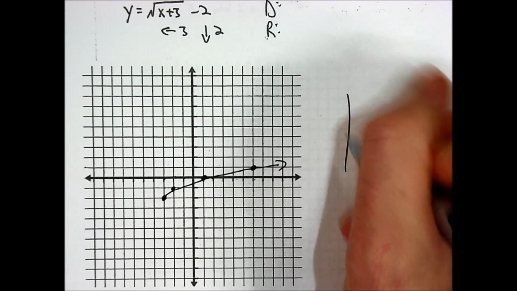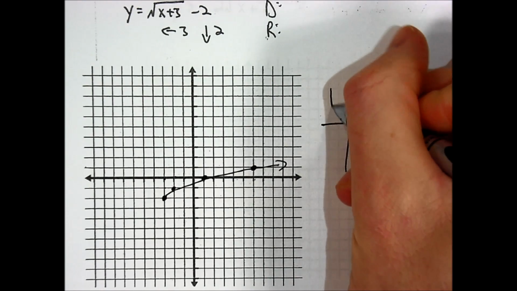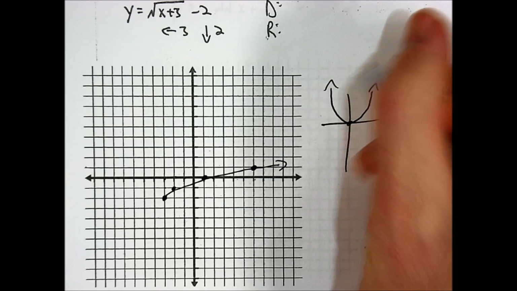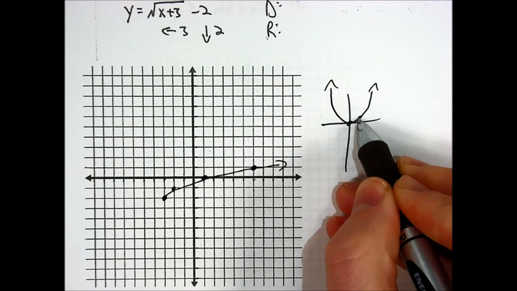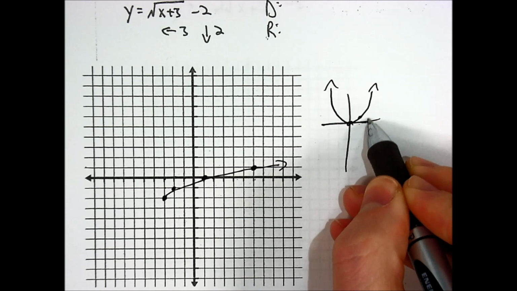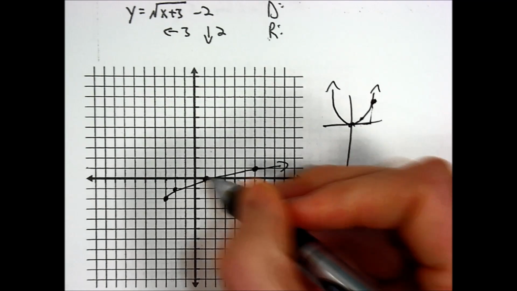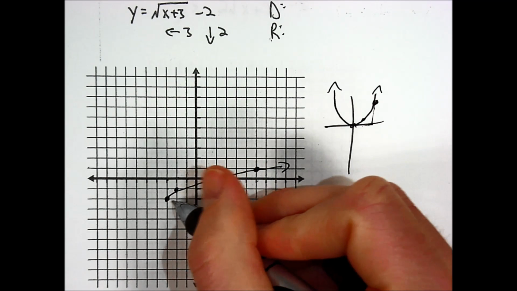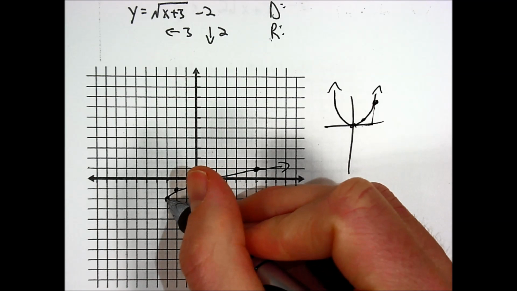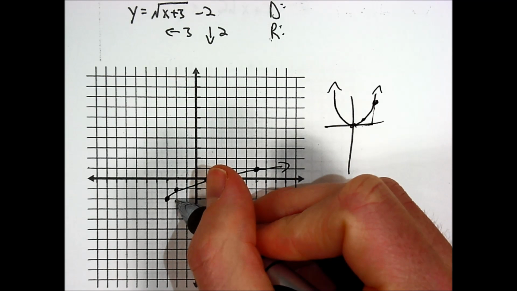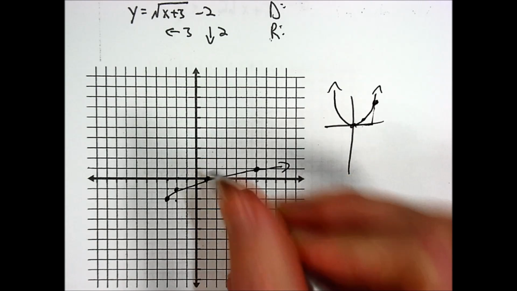If you remember our little shortcut from graphing square roots, where we go out 1, up 1, out 2, and then 2 squared is 4, so I go up 4, this is going to be exactly reversed. I'm thinking of perfect squares. The first one's 1, so I'd go over 1. The square root of 1 is 1, so I'd go up 1.